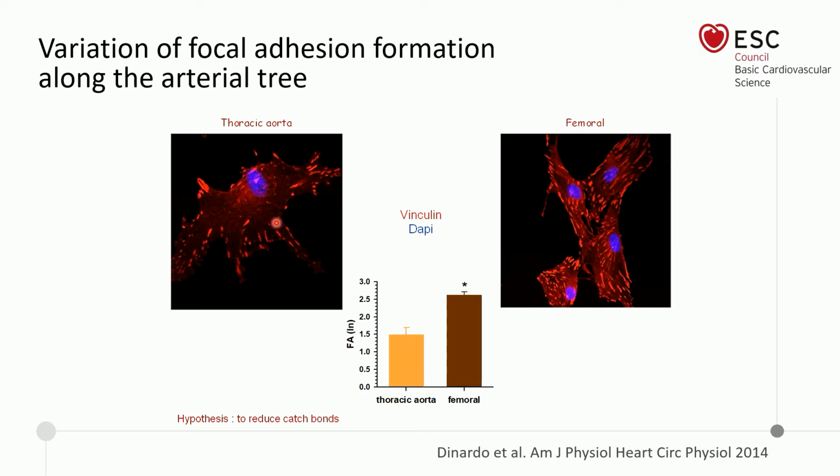This is in good agreement with the arterial stiffness gradient we know along the arterial tree, because it is at the level of the thoracic aorta that the elasticity is higher, and the elastic arteries are characterized by a low level of focal adhesions. So a higher size of focal adhesions is associated with increased arterial stiffness.